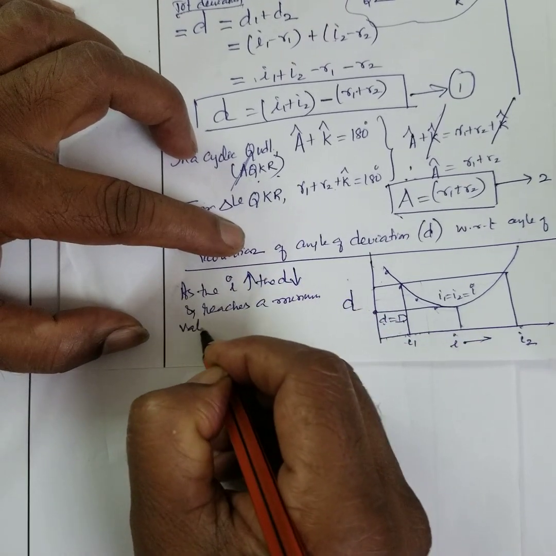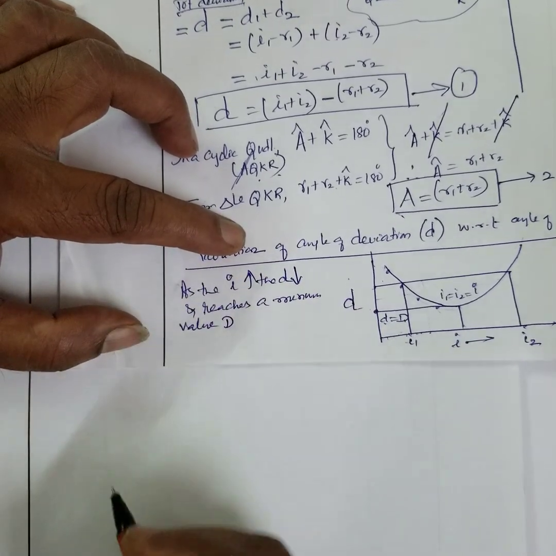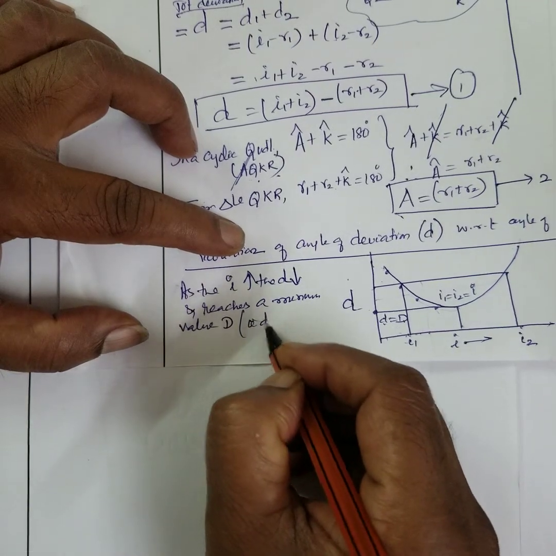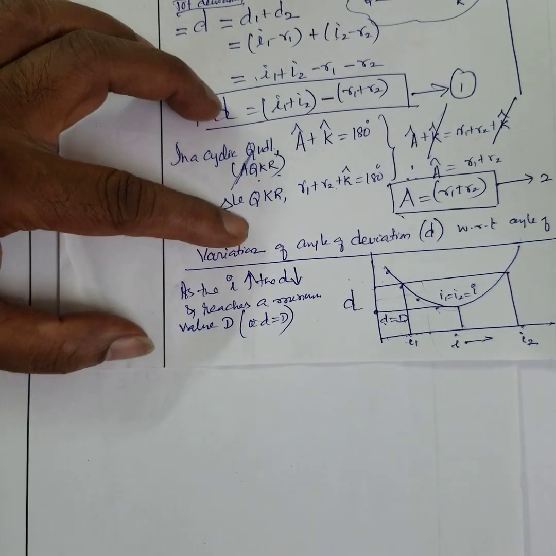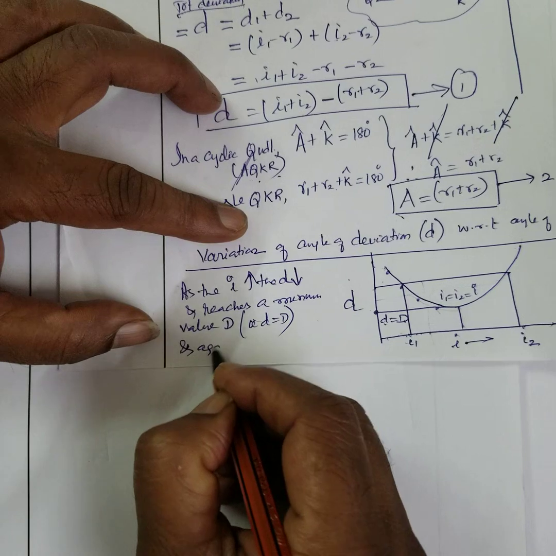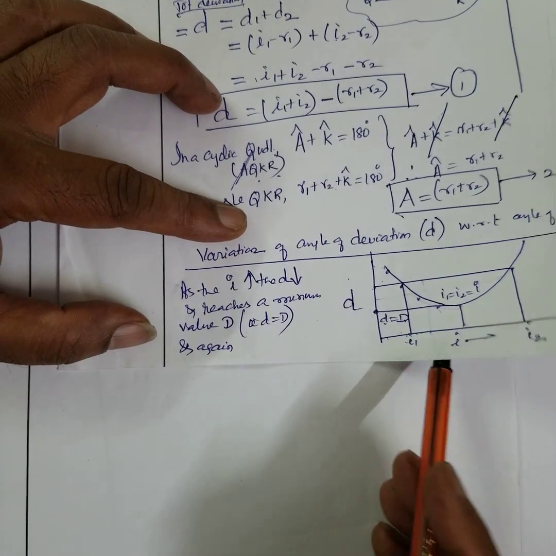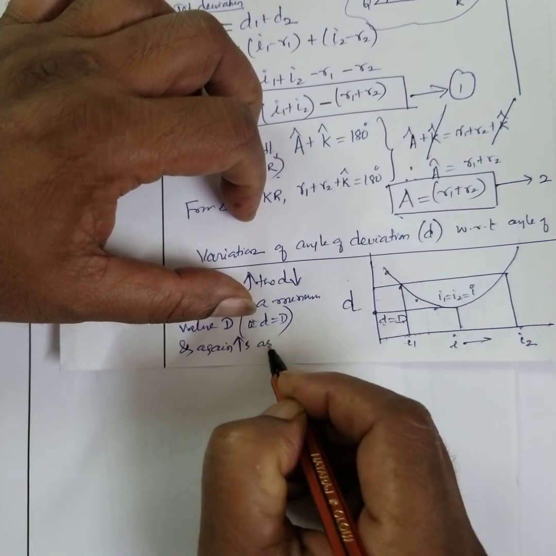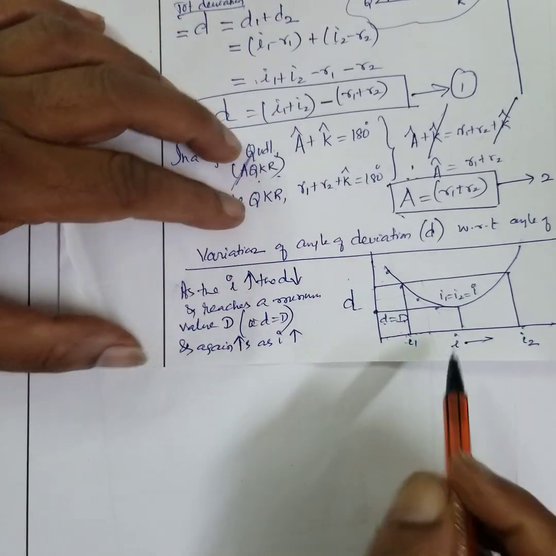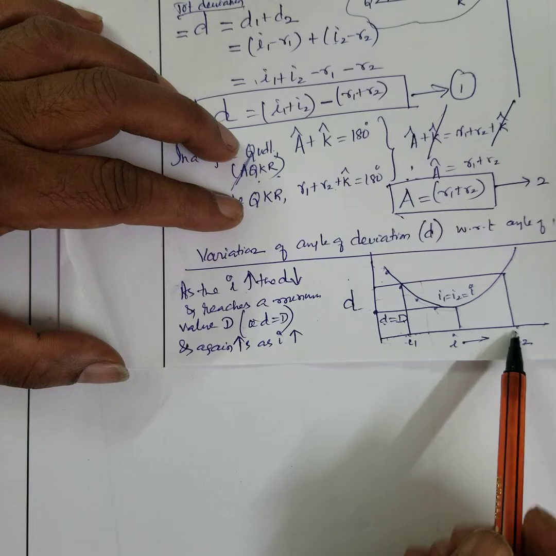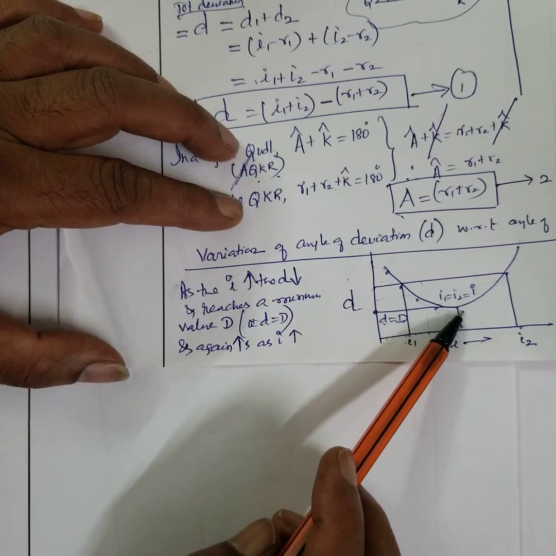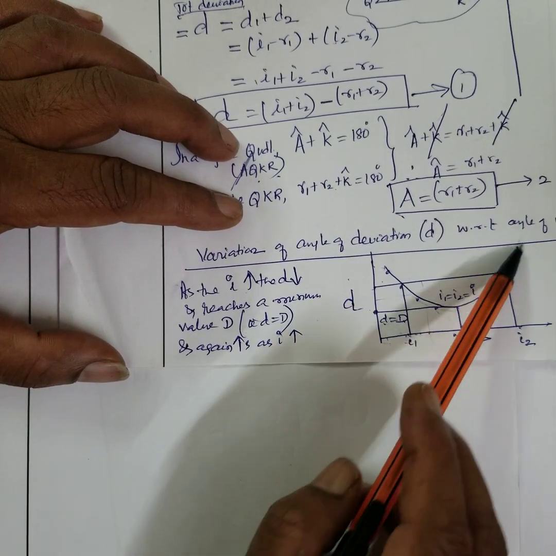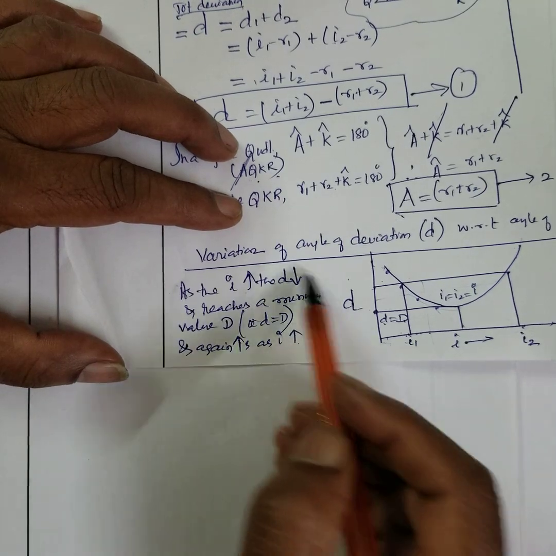Minimum value D. That is D becomes capital D. And again it increases as I increases. As I increases, deviation gradually decreases and reaches minimum. Again D increases as I increases. This word is important.